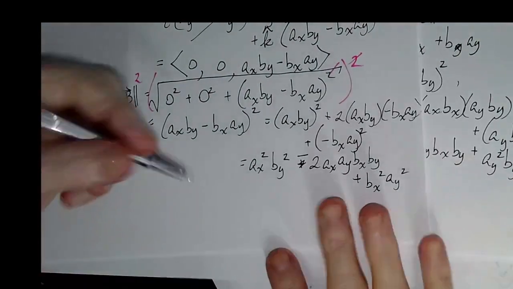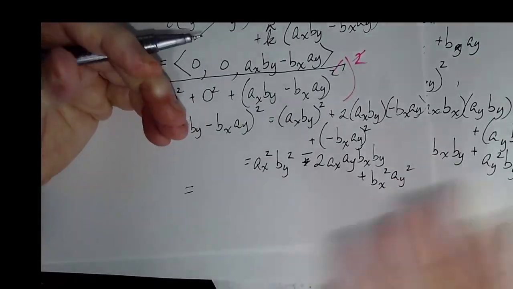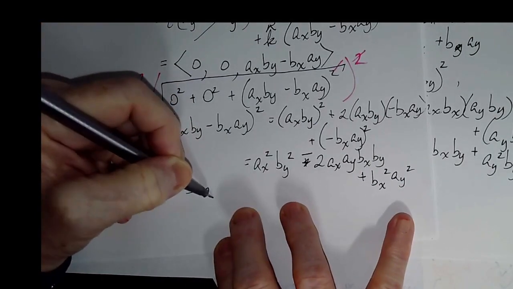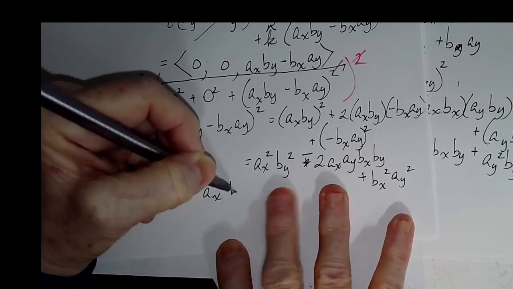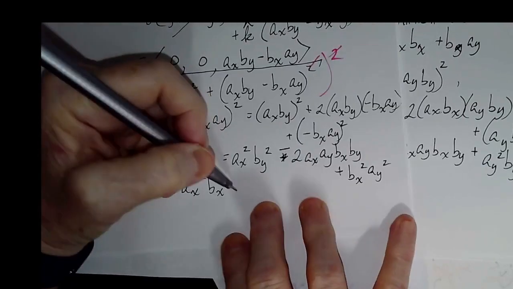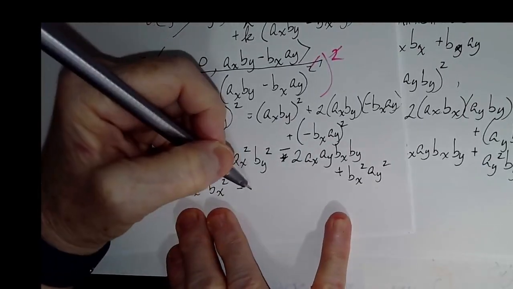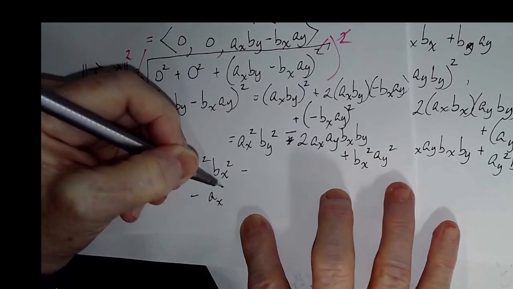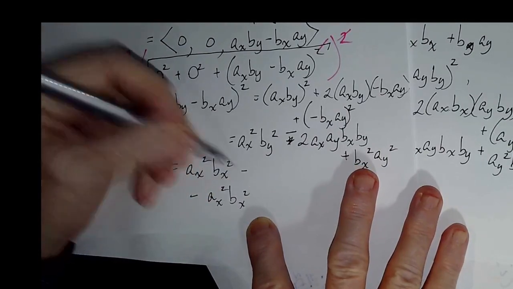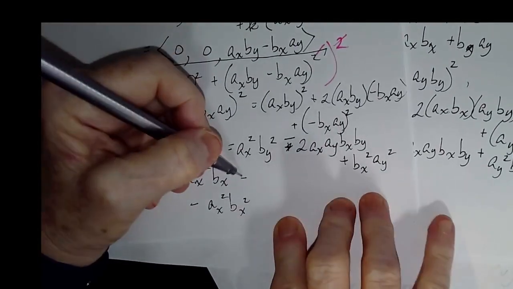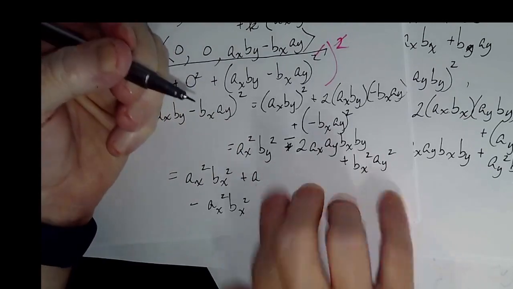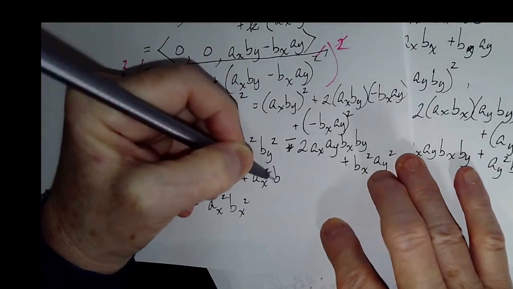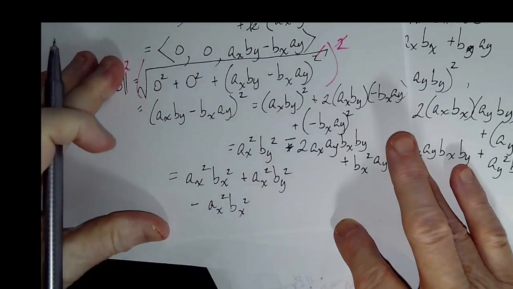So let's do the most enjoyable thing with math: add and subtract the things that we want. So I've got AX squared BX squared minus, because we didn't have that before, and I'm going to subtract it down here, AX squared BX squared, and then plus AX squared BY squared.